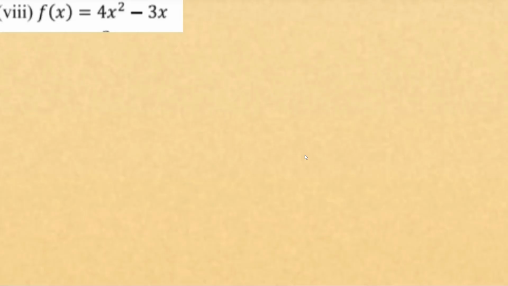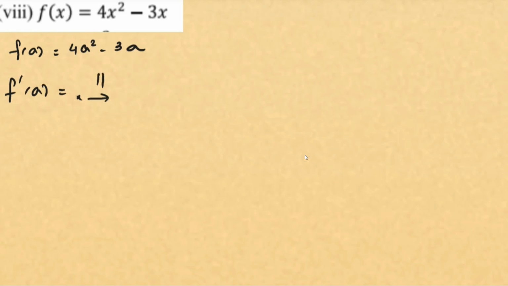Now here in this question, f of x is this one and f of a we have to find. So it would be 4a square minus 3a. The formula is f dash of a is equal to the limit as x approaches a of f of x minus f of a divided by x minus a.